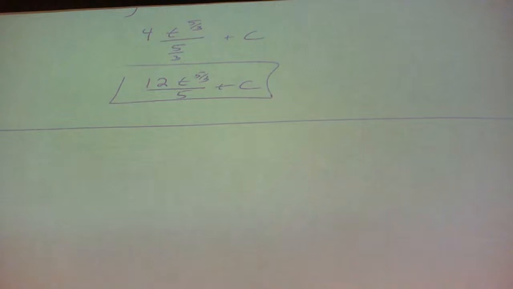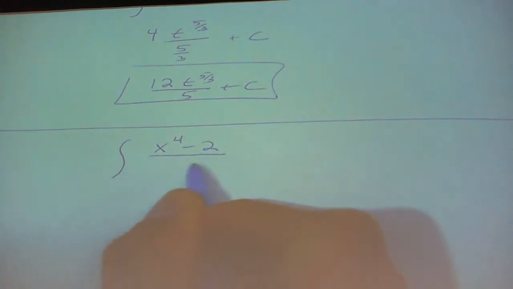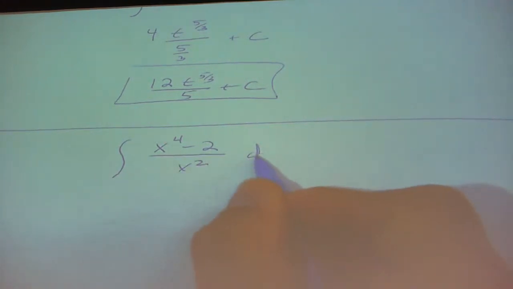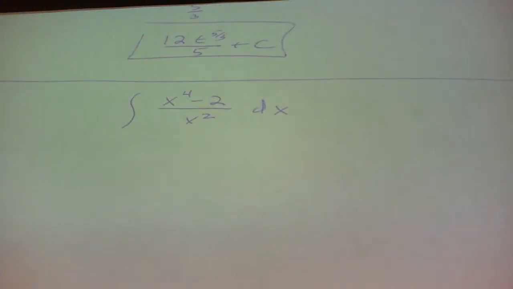Okay? Next one. What if I had the integral of x to the 4 minus 2 over x squared dx? Okay, let's talk about this one. You'd be like, ooh, is this quotient rule? Are we going to do all that with integrals?